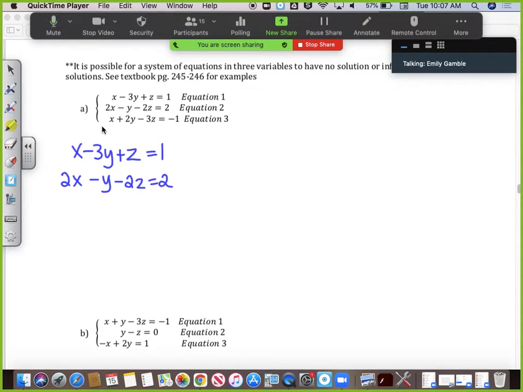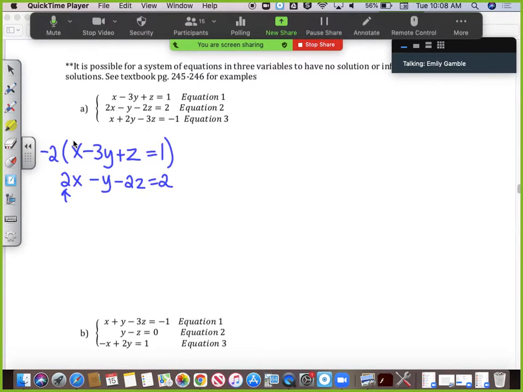First thing I want to do is eliminate one of these variables so that I have two variables left. In order to do that, and I chose the x's, I need to take this first equation, x minus 3y plus z equals 1, and multiply it all by a number so that it'll cancel out with a 2. So the number I'm going to multiply everything by, so that it's the opposite, is negative 2.